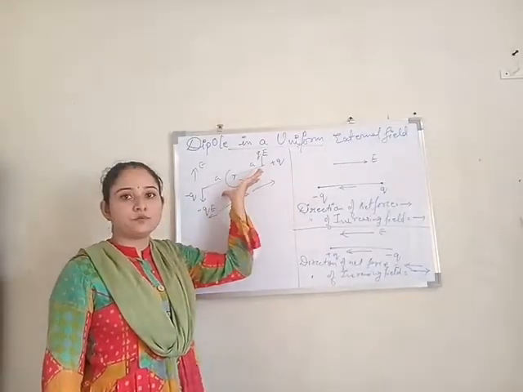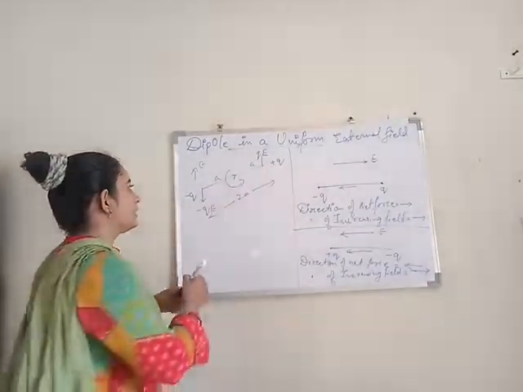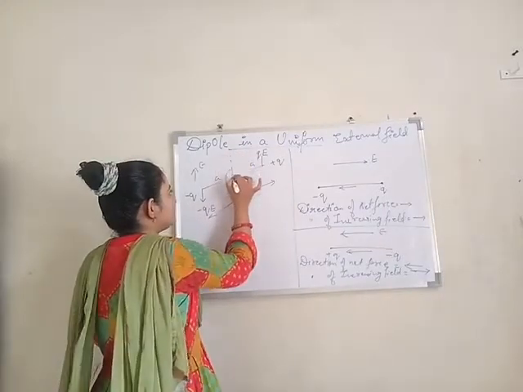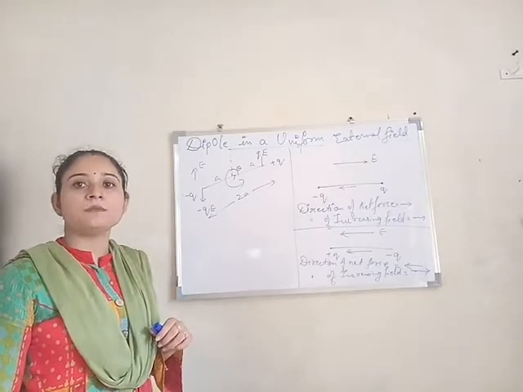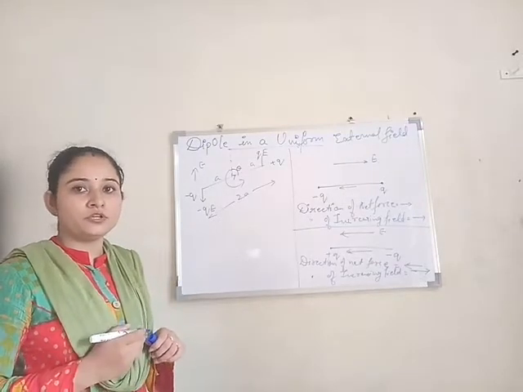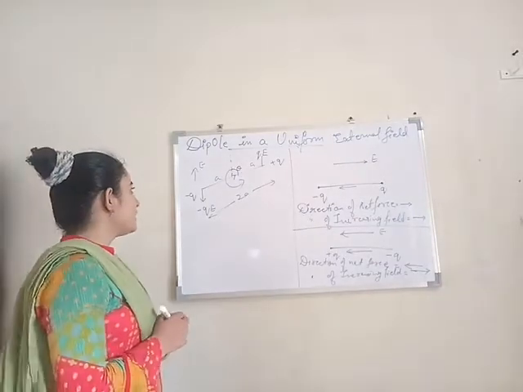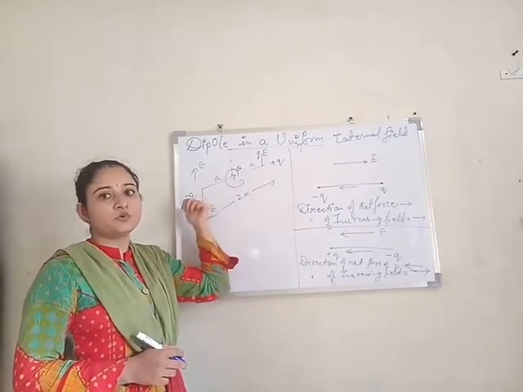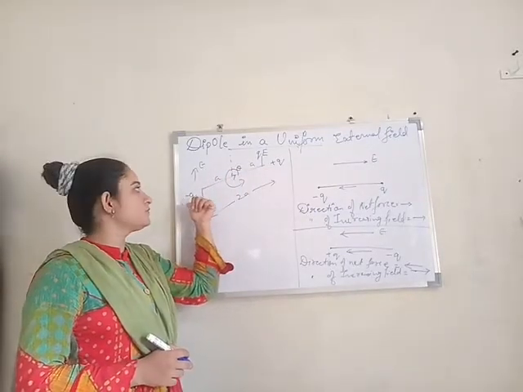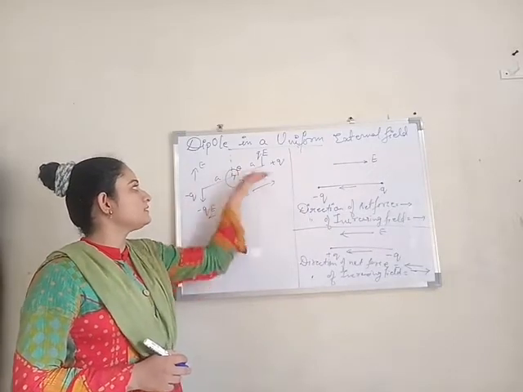Consider a dipole having the angle theta, kept in a uniform external field. This is a dipole having minus and plus charge. You know the direction of the dipole is from minus to plus.